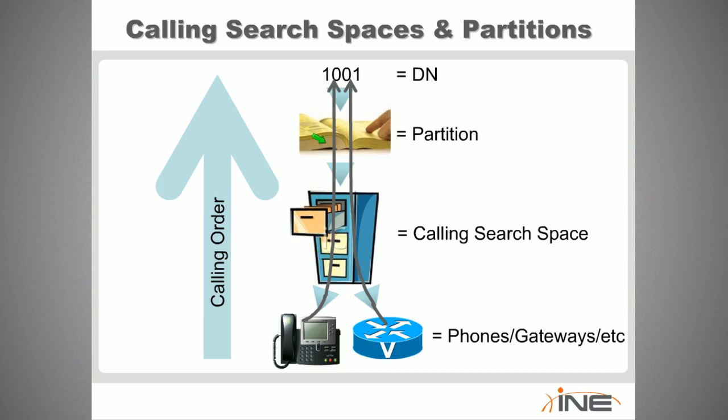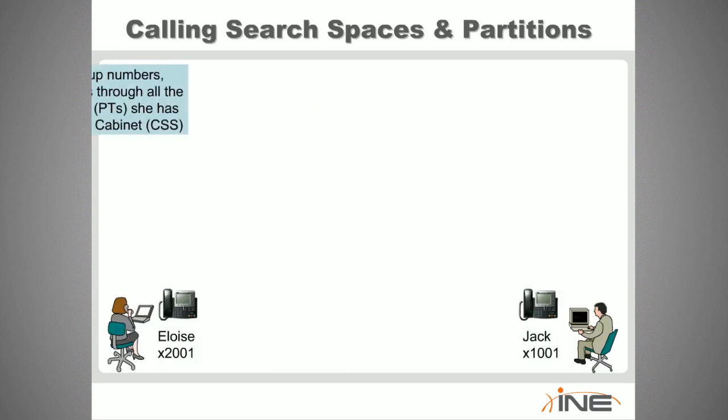I'm using my calling search space to find on that inbound call directories and outbound DNs. If a call's coming in from a gateway, in from the PSTN, it uses its inbound call routing calling search space to look for directories or partitions with DNs.